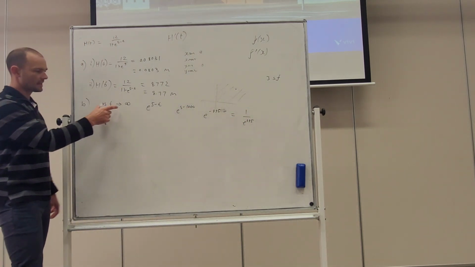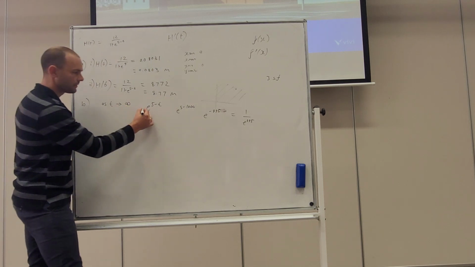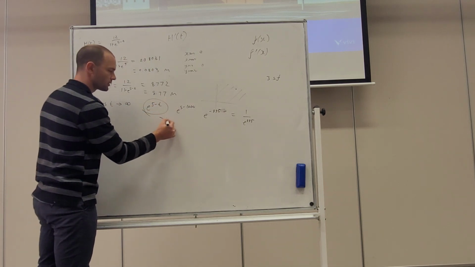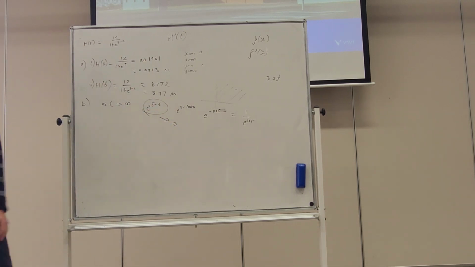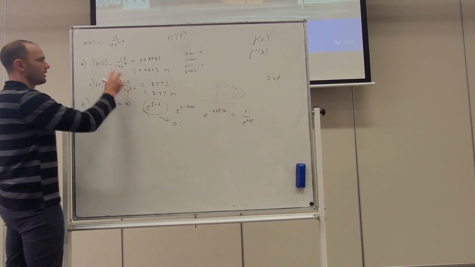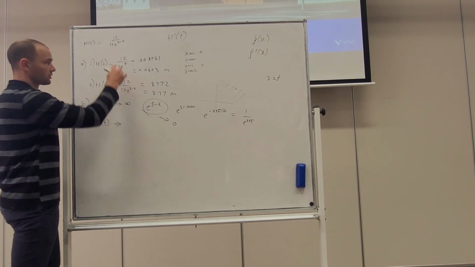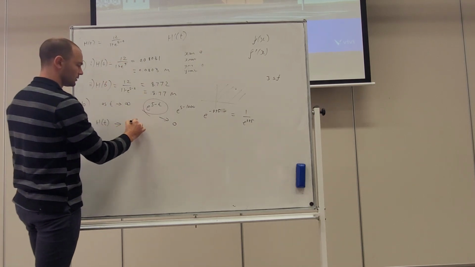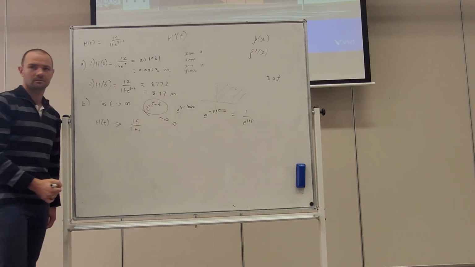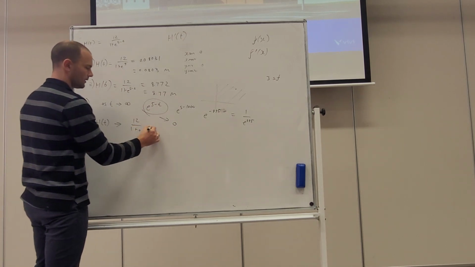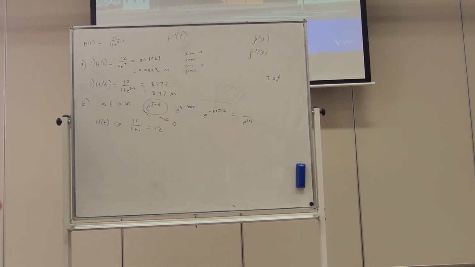So as t approaches infinity, this component approaches 0. It's getting smaller. So if this is approaching 0, then the height of the tree is approaching 12 on top of 1 plus 0, which is 12. The height of the tree is approaching 12.